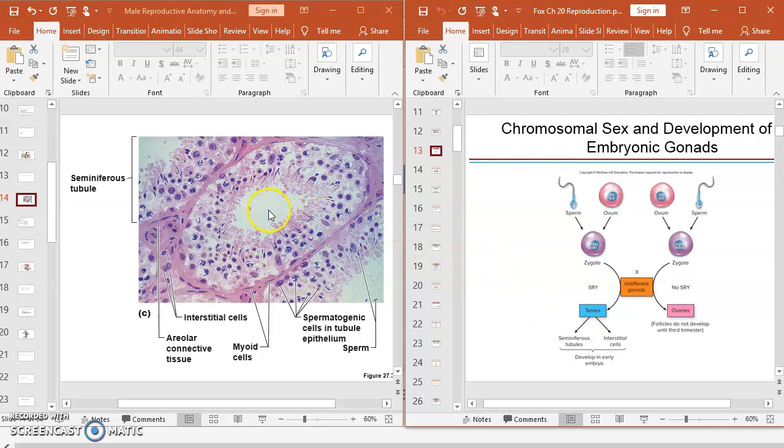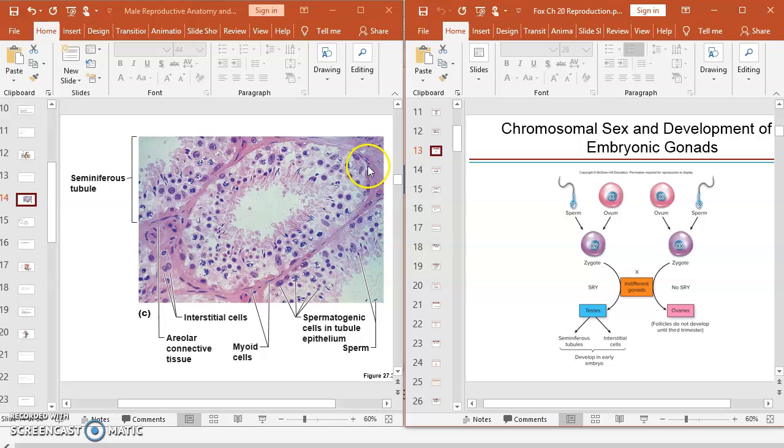So if we look over here, here would be the seminiferous tubule. This would be a cross section of the seminiferous tubule. Right in here, these cells here would be the ones that are going to produce the sperm. Okay? These in-between areas here would be the nursing cells that are supporting these.